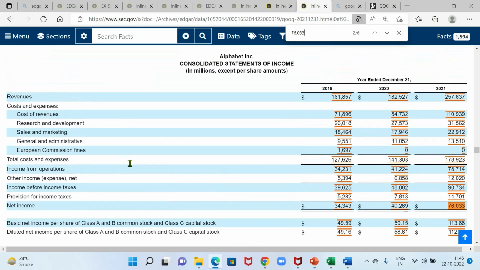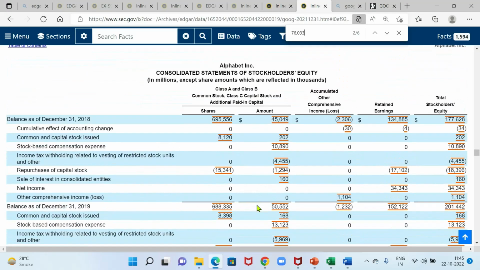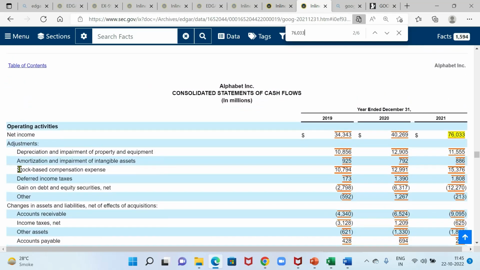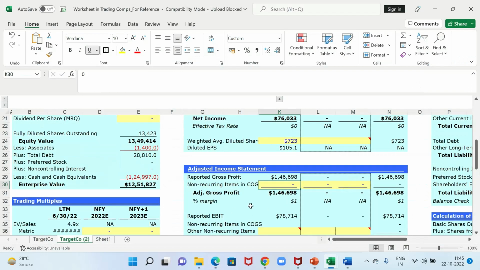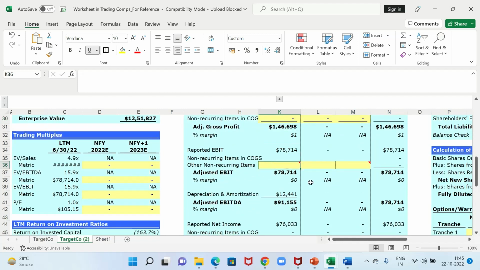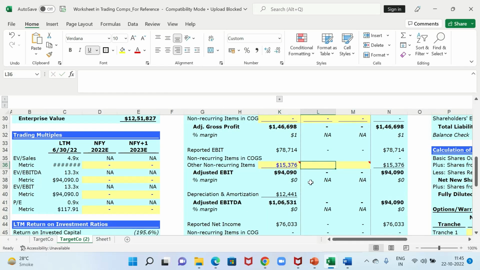Now let's get back to our adjustments. We are talking about the adjustments. Stock-based compensation. In D&A we have added stock-based compensation, 15376.